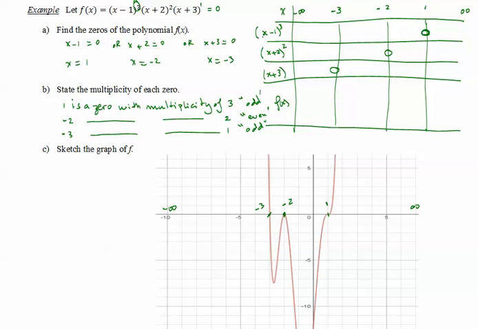For example, 0 is less than 1. When you plug 0 in here, we get negative 1 to the third, which is a negative number. So any x less than 1 will make this term negative on this side and positive on this side. Again, you could plug in 2. So 2 minus 1 is 1. 1 to the third is positive. So any number you pick after 1 will make this term positive.